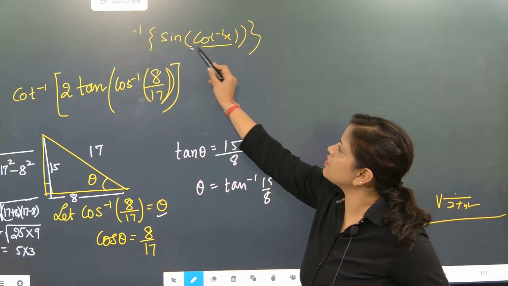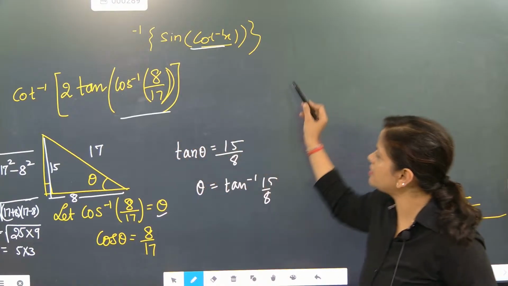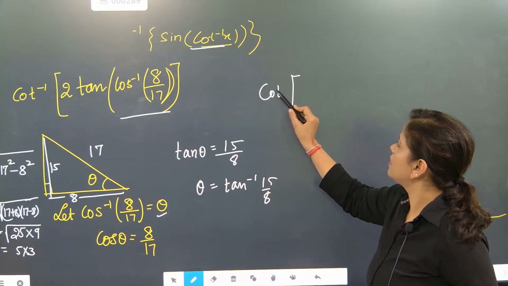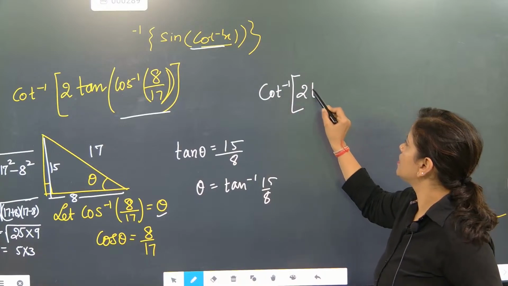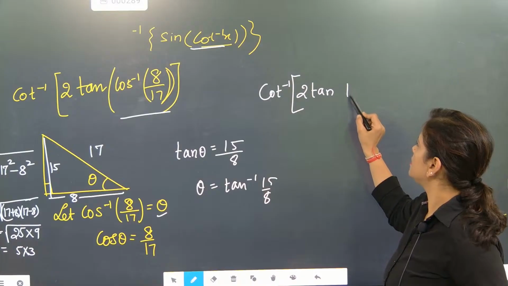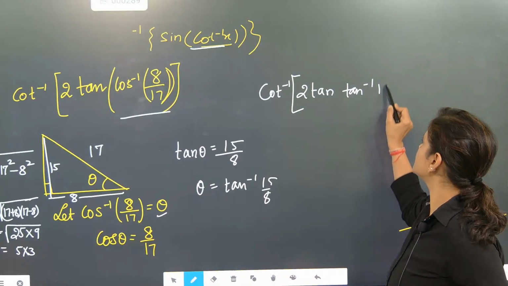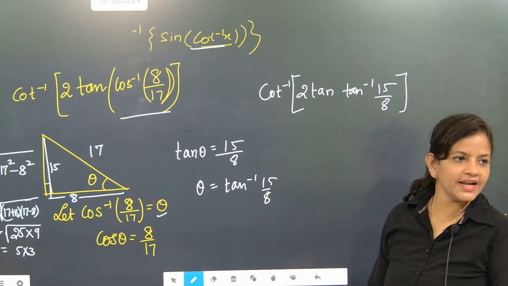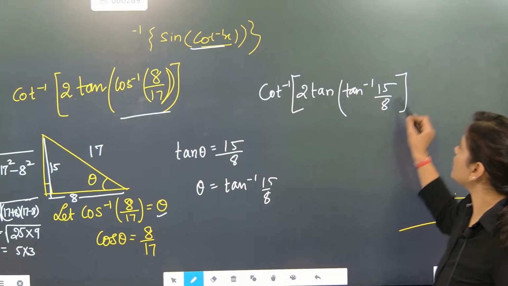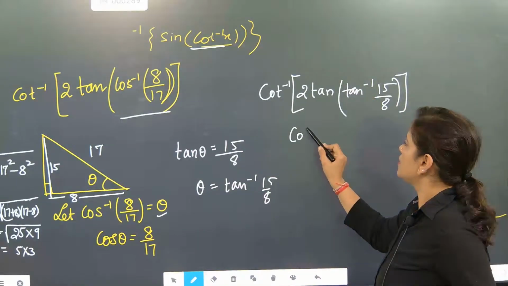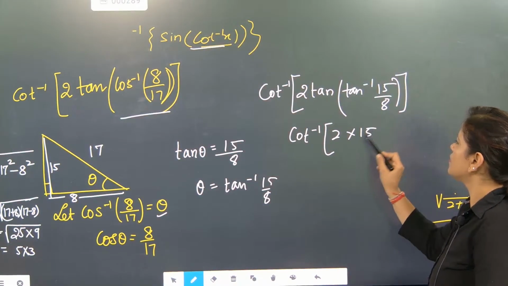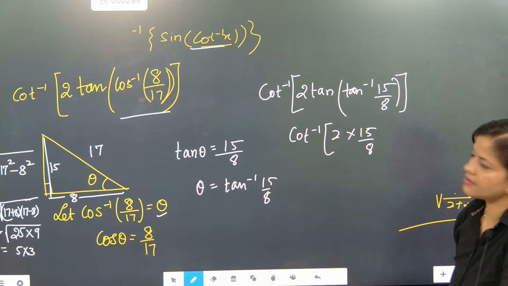So rather than writing cos inverse this part, we can directly write cot inverse 2 tan into tan inverse 15 by 8. Tan and tan inverse will get cancelled. So now what is left? Cot inverse 2 into 15 by 8.